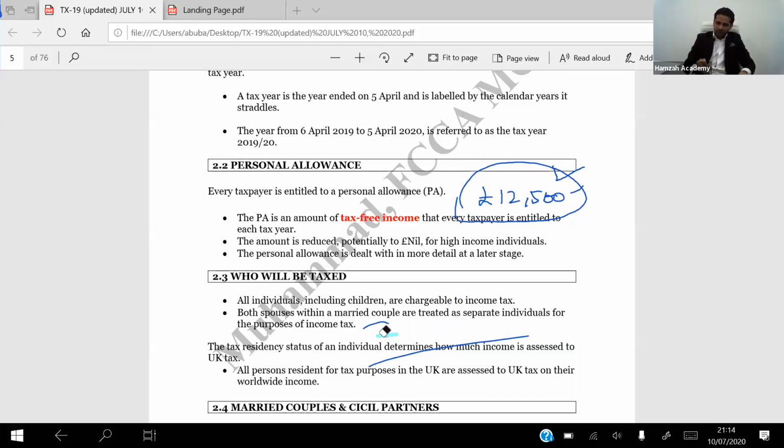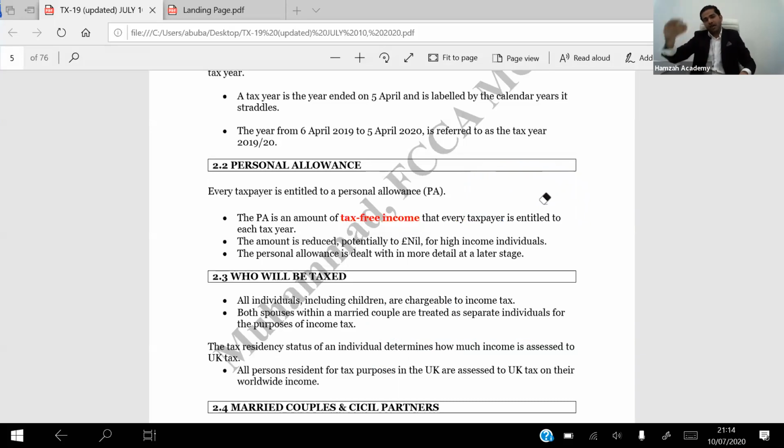But as of now, you should remember that everybody is entitled to a tax-free income of 12,500 to be deducted from their total income. Every person, not companies, every person. Okay, I hope there will be a question. If there is anything you want me to repeat, please let me know so I can repeat it again. Yes, please, quickly. Shall I repeat it again?